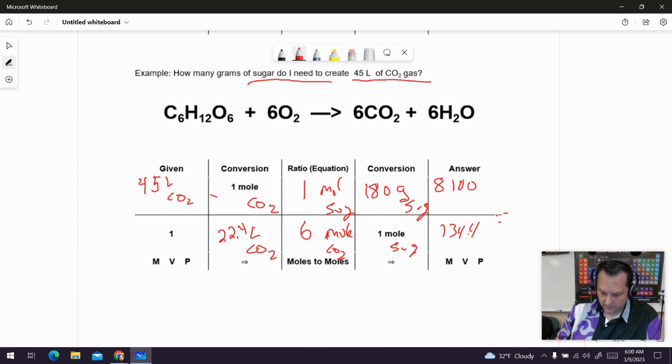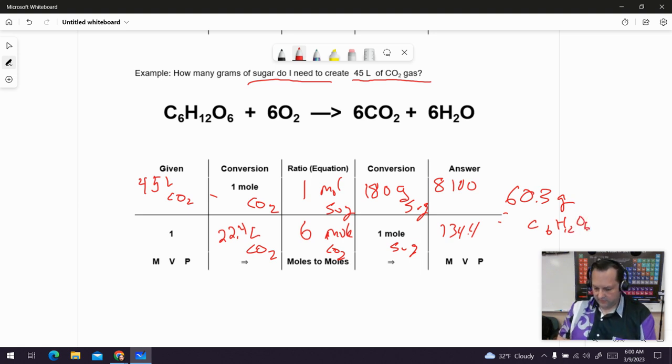Do the division. 8,100 divided by 134.4 gives us 60.3, I'm going to call it 60.3 grams of C6H12O6. So that's how you do that.